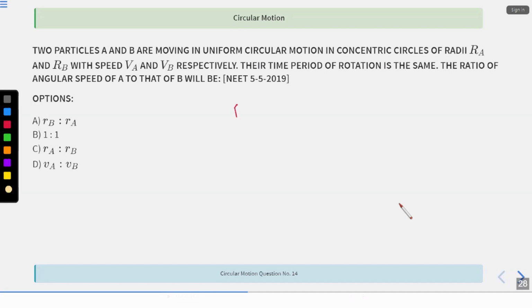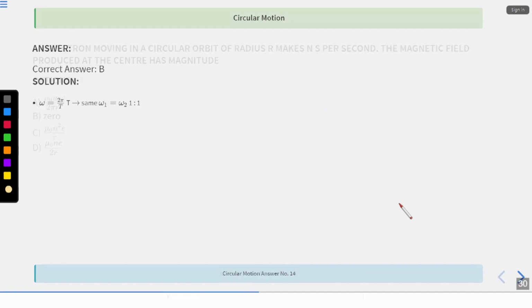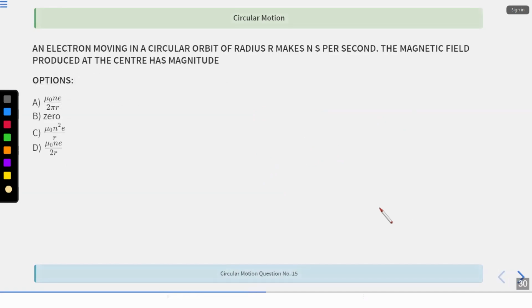So basically omega A we have, and then we have omega B. And we know that it depends on 2 pi by T, similarly 2 pi by TB. And we know that TA and TB are equal. So therefore, it will be 1:1, and that is option B. Moving on to the next question.